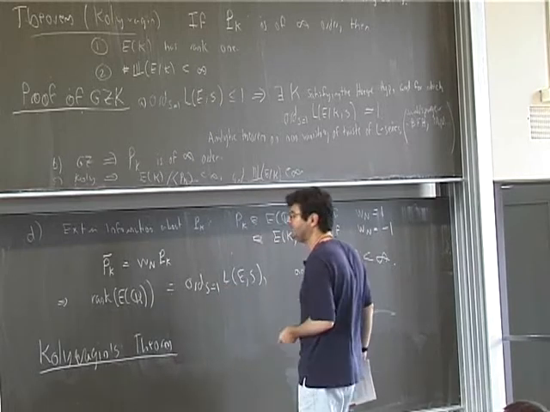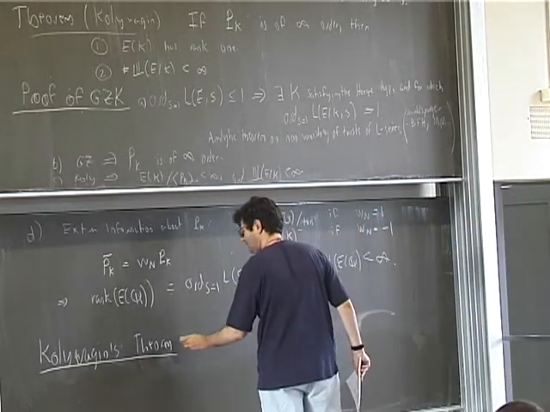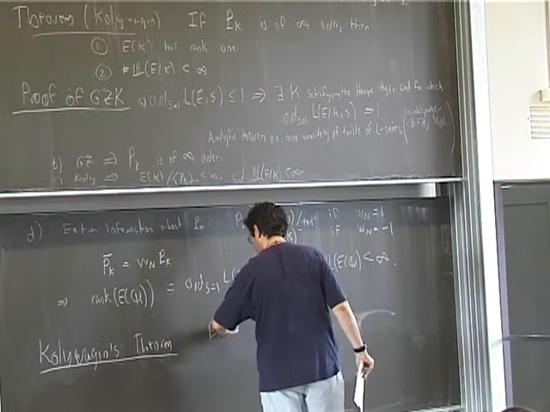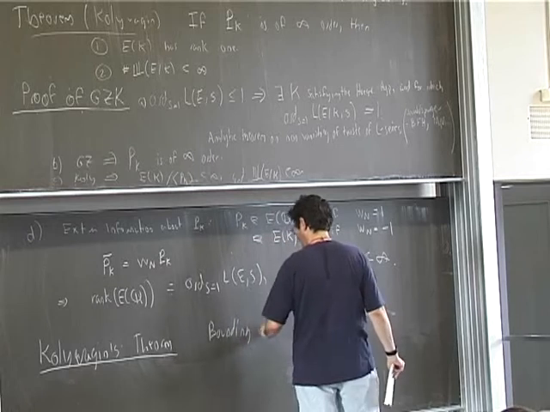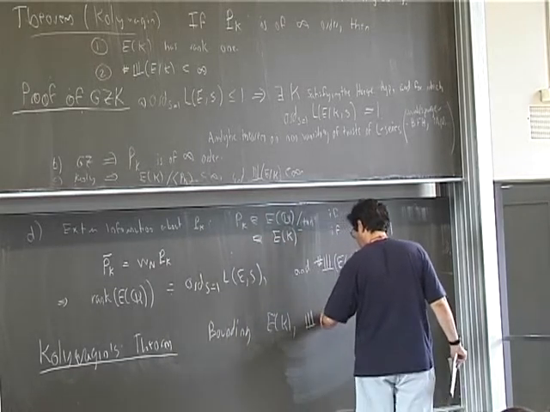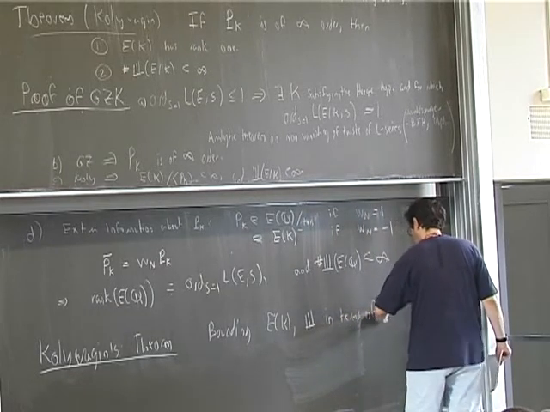But that's life. So anyway, now I would like to explain how Kolyvagin's theorem works, right? So, bounding E of K and Sha in terms of the Heegner point P_K.